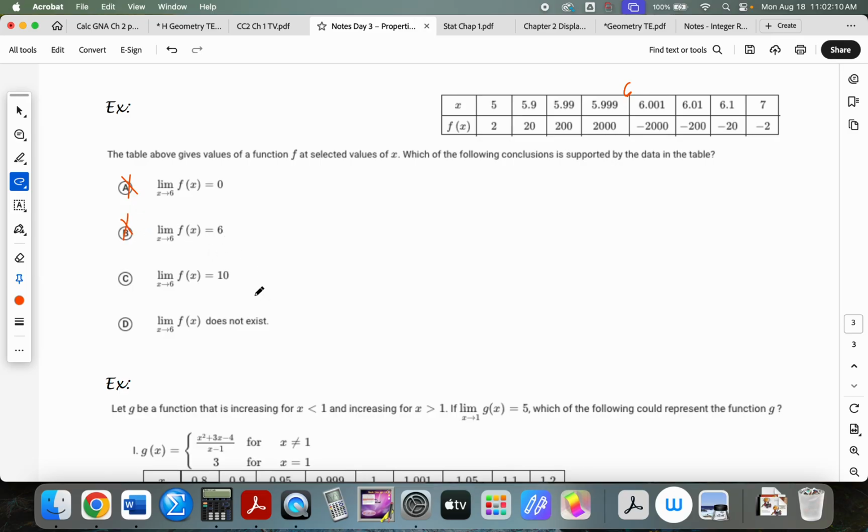No. The limit as x approaches 6 of f of x is 10. I don't know where they're getting these values from on that one. You're doing a serious test and one of the answer choices is Mickey Mouse. You're like, okay, we can throw that one out. The only thing left, the limit as x approaches 6 of f of x doesn't exist. Because as we approach from the left and the right, do those seem to be getting closer and closer to the same number? No.